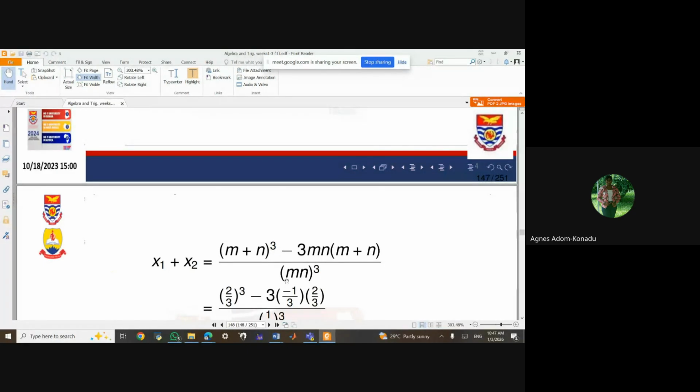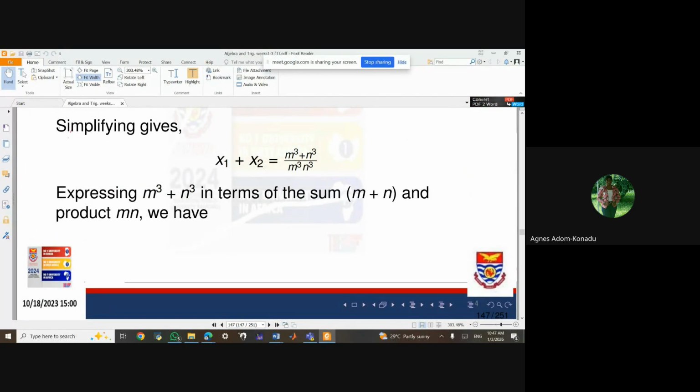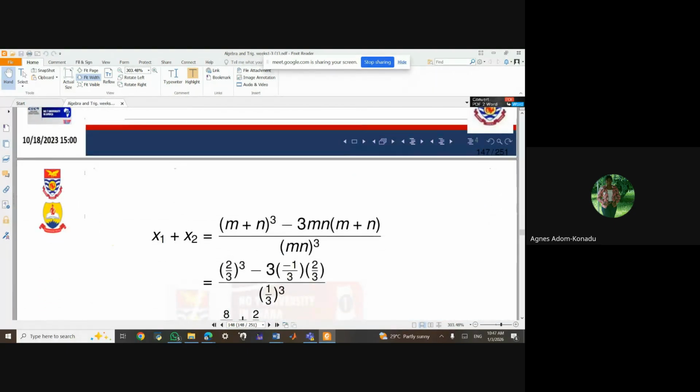Then all divided by m cube n cube, which is the same as (mn) all cube.